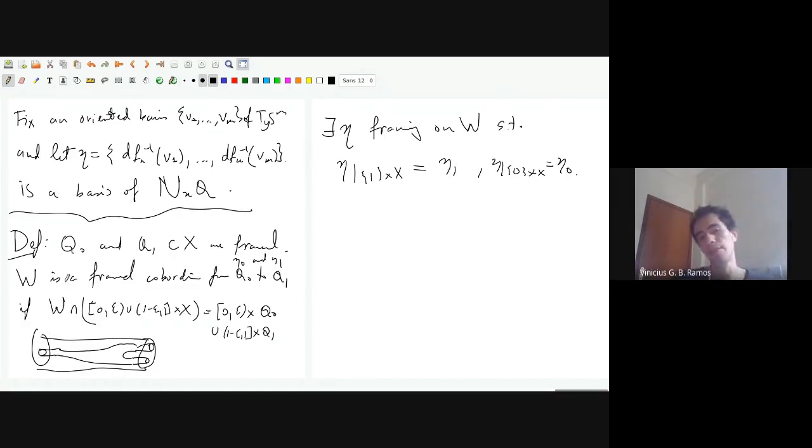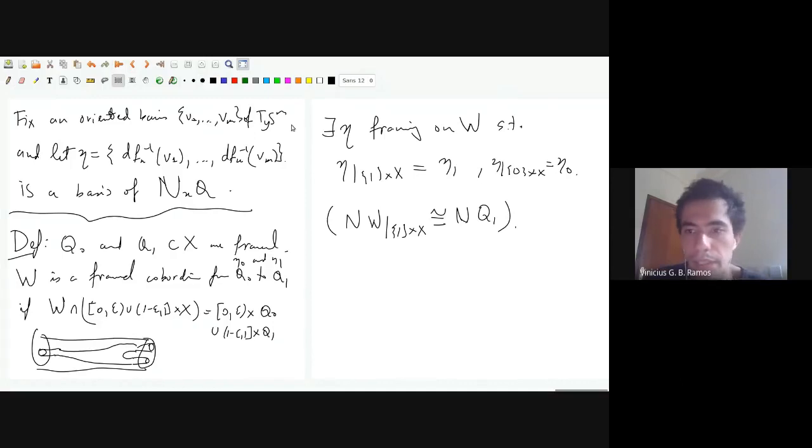So if you assume that W is trivial near the ends, and that this direction is orthogonal to this direction, then the normal bundle of W restricted to {1} times X is equal to the normal bundle of Q_1, or there's an obvious isomorphism. Maybe I should just write it. It's really this.